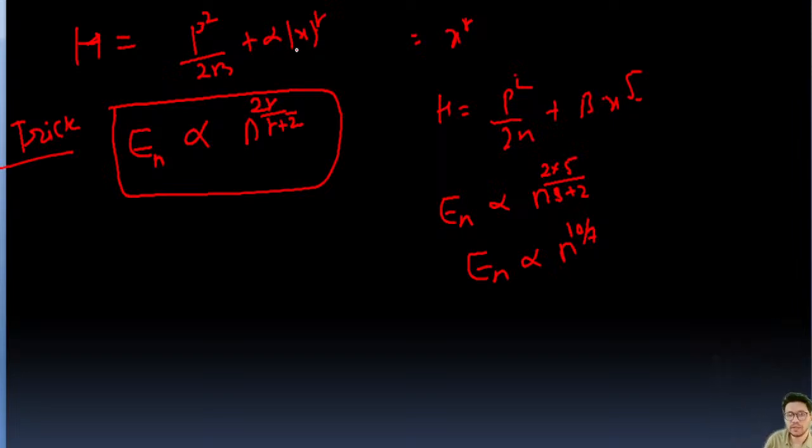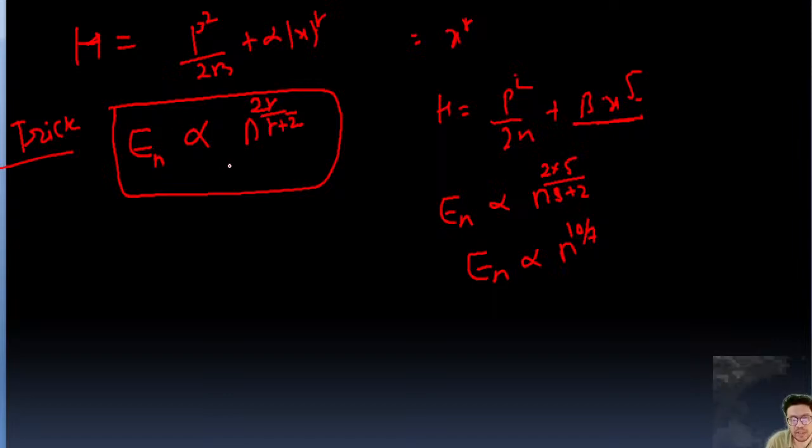If the potential energy is of this form, beta is any constant and x to the power r, where r is any positive constant, in that case the energy is going to be proportional to n to the power 2r upon r plus 2. So for any positive constant r, E_n is going to be proportional to n to the power 2r upon r plus 2.